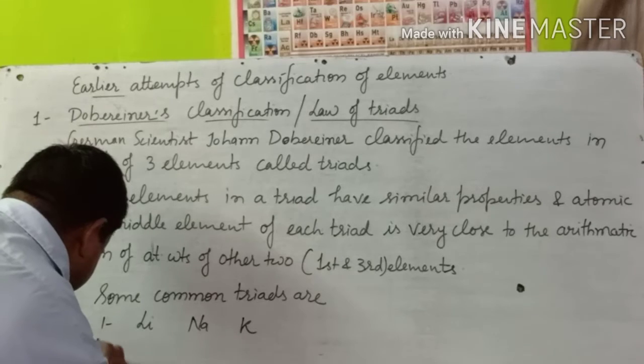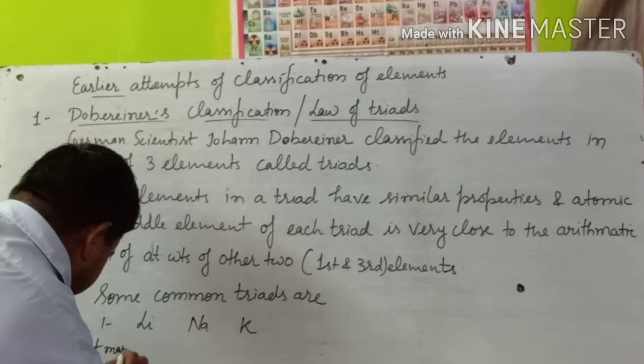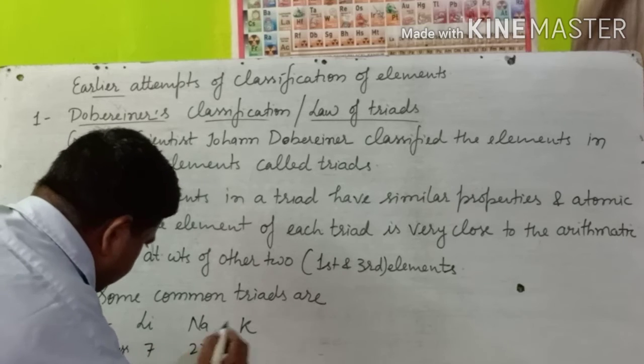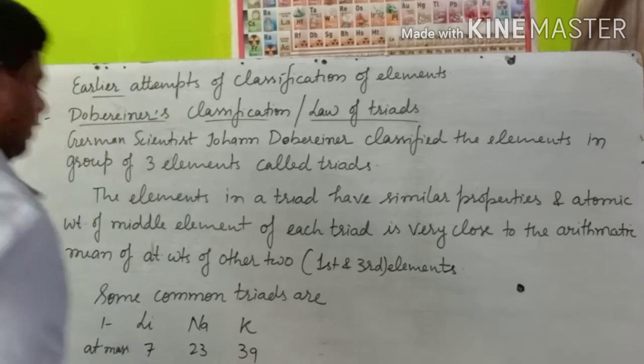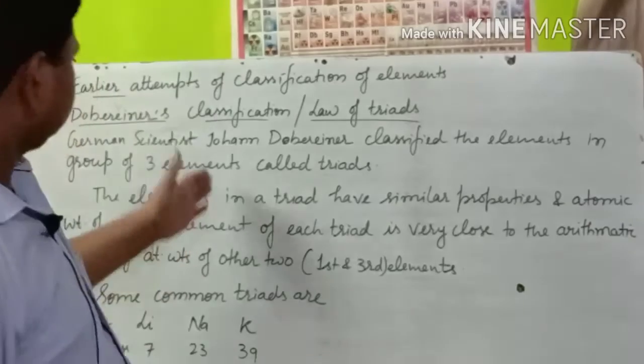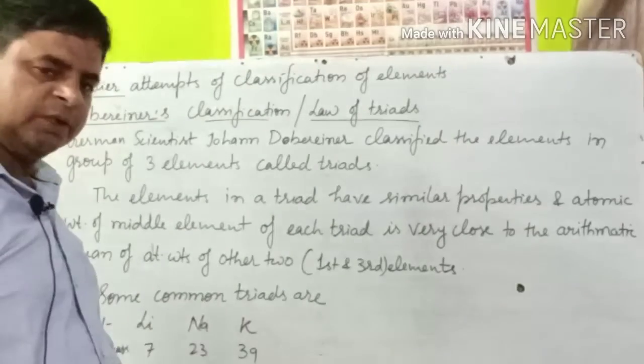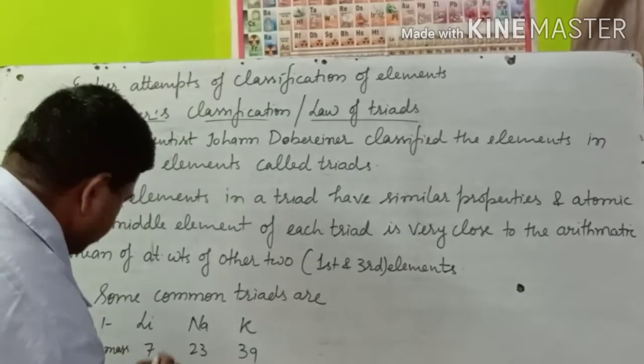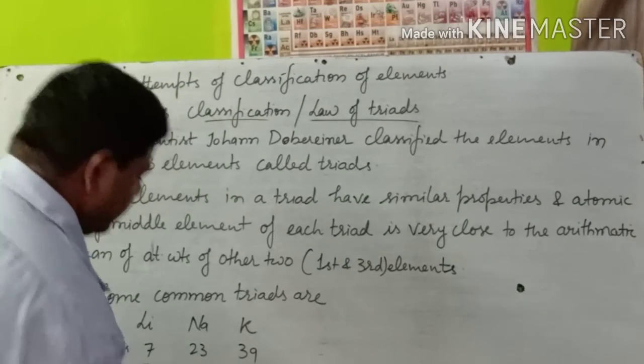The atomic mass of lithium is 7, sodium is 23 and potassium is 39. According to Dobereiner's classification of triads, this is the first element and this one is the third element.